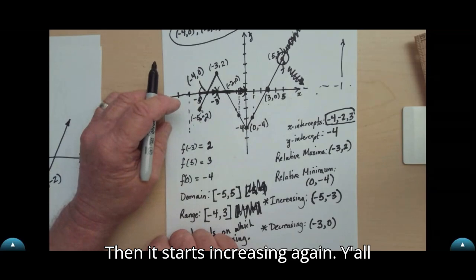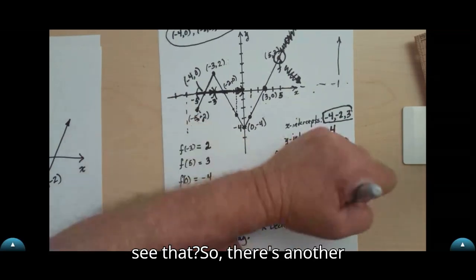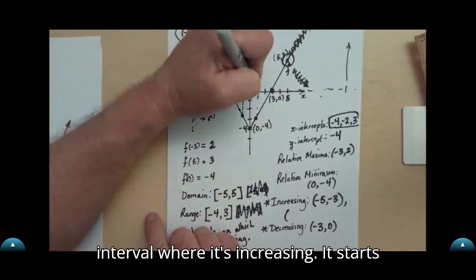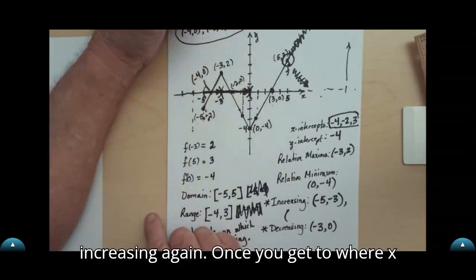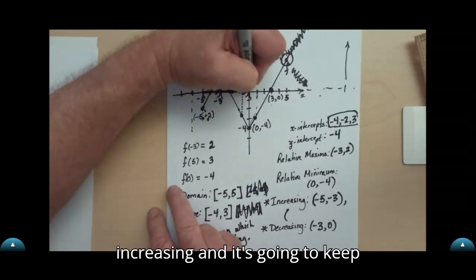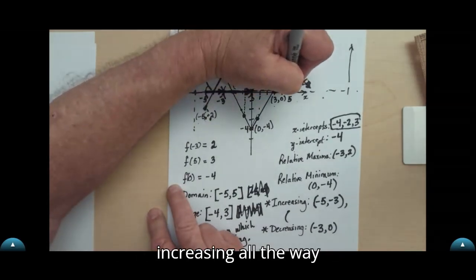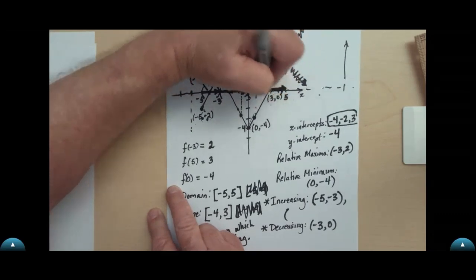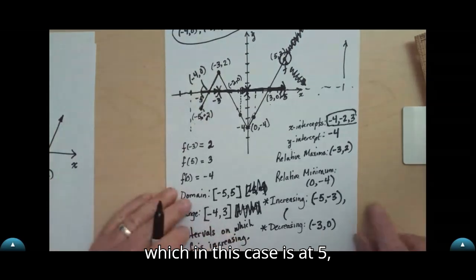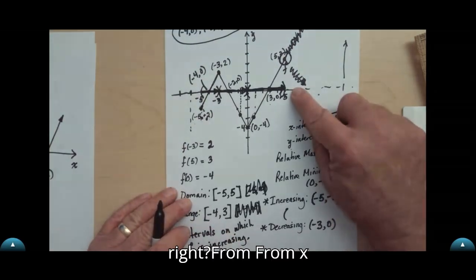Then it starts increasing again. Y'all see that? So there's another interval where it's increasing. Once you get to where x is 0, it starts increasing, and it's going to keep increasing all the way until you get to the end of the graph, which in this case is at 5, right?